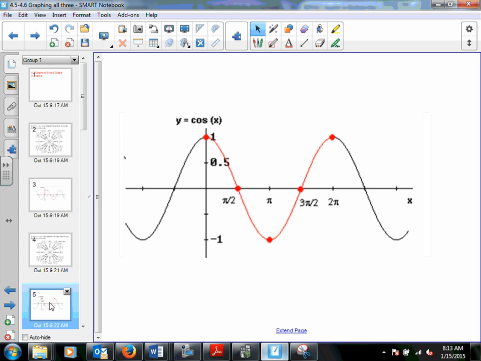So the points that you need to be concerned about are 0, 1, pi over 2, 0, pi, negative 1, 3 pi over 2, 0, and 2 pi, 1.